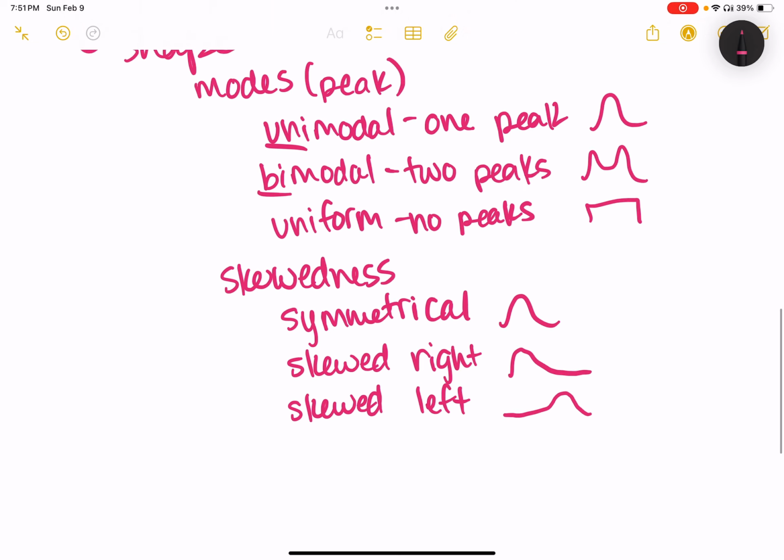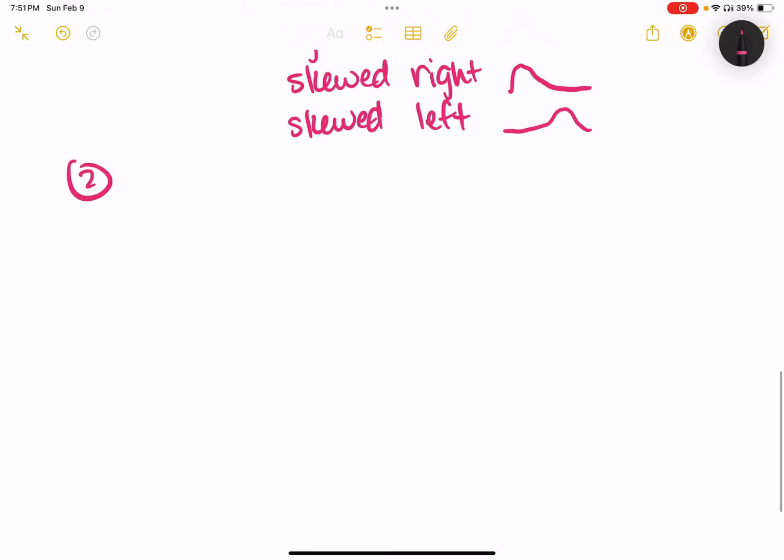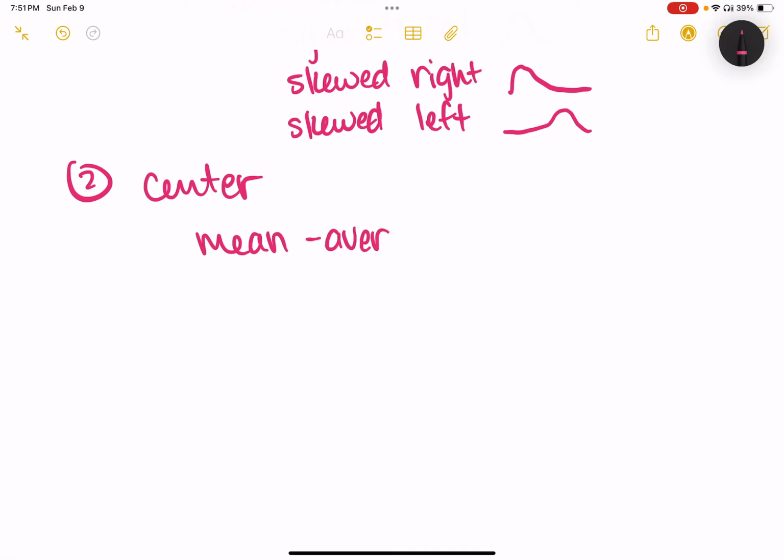Okay, moving on here. The second thing that we need to look at is all of the different measures of center. As a refresher, we want to look at the mean, which is just the average value. To find that, you add up all of your data points and divide by how many values you have.